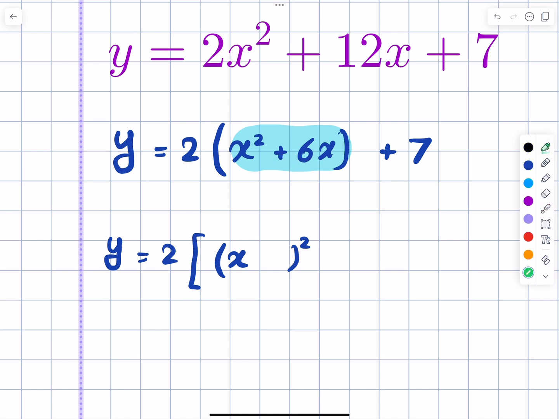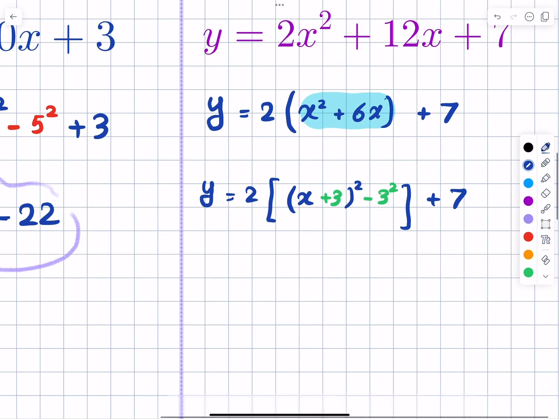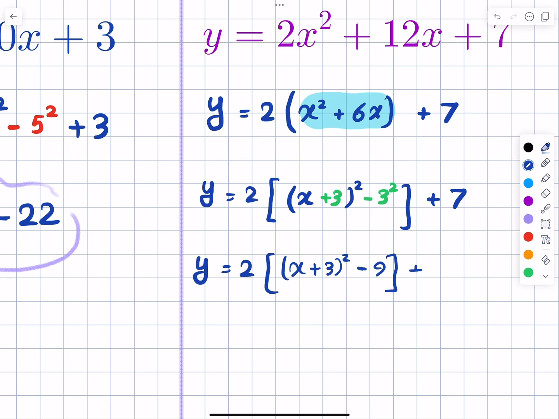So we add 3, and as we said, immediately minus 3 squared. Then we close the bracket. After that, we have plus 7 as it is. Now, it can be simplified. Y equals 2 times x plus 3 squared minus 9 plus 7.